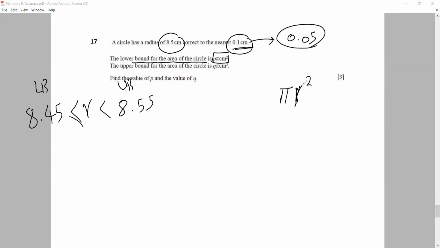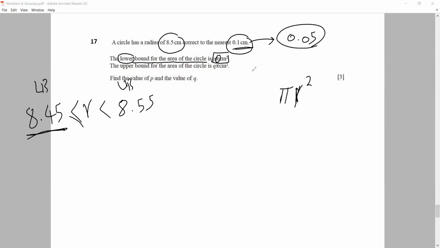So r has to be multiplied by itself twice. Since this is multiplication, for the lower bound I multiply the lower bound by itself. That helps me to find P, because pi is just a constant, it doesn't really affect the final answer.